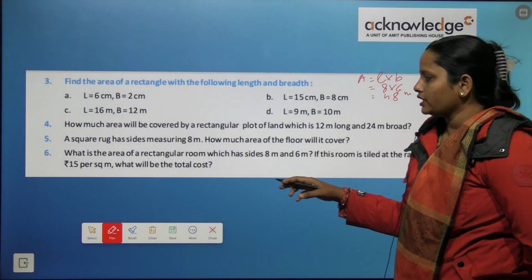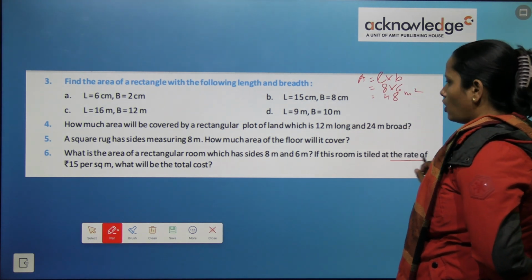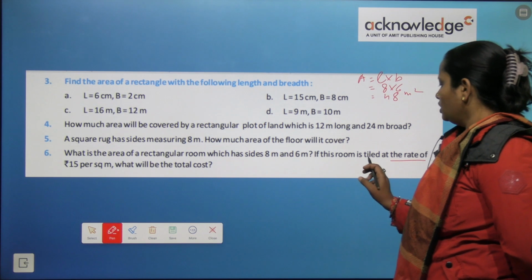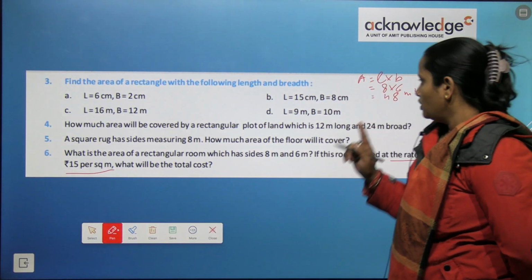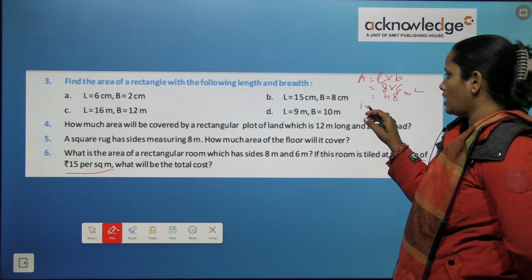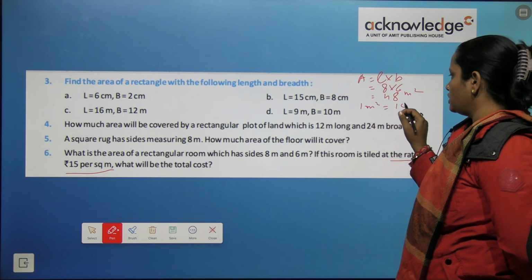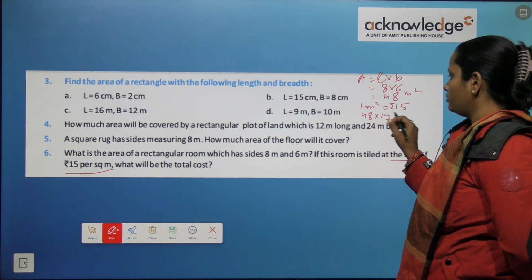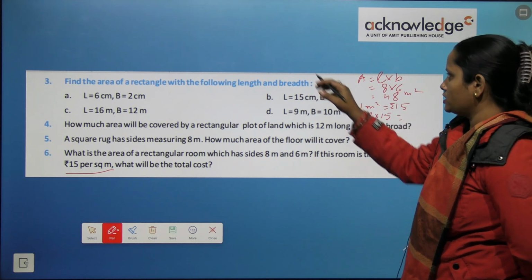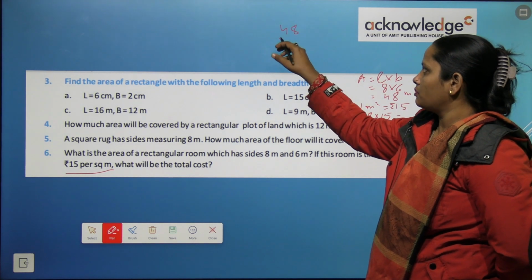Now it's saying that the cost of tiling the room is 15 per square meter. 1 square meter is 15 rupees. So for 48, we have to multiply it by 15. So let's multiply 48 by 15.